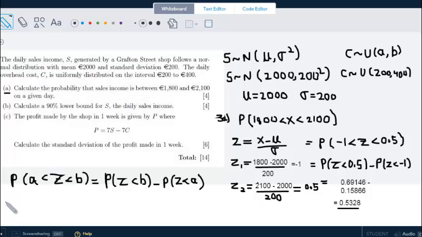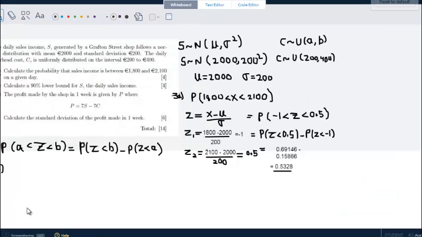Now coming to part B of this problem. Calculate a 90% lower bound for S. I'll explain it graphically. So 90% lower bound, right?